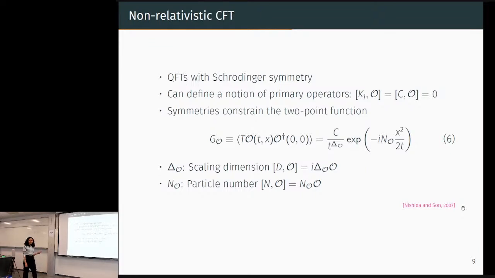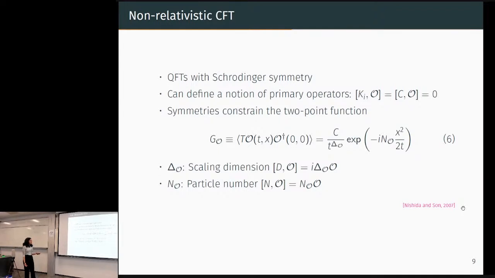So a non-relativistic CFT is just any QFT with Schrodinger symmetry. Now, like in usual CFTs, you also have a notion of primary operators here, which is defined with respect to the generator of boosts and conformal transformation. And like in usual CFTs, the 2-point function gets constrained up to an overall constant rho.